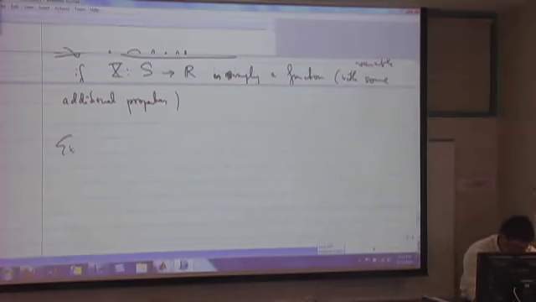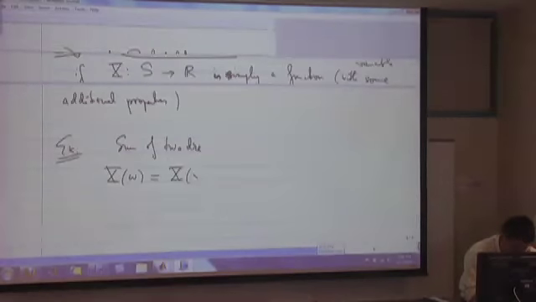Okay. So for example, here are a few examples. The sum of 2 dice is a random variable. So if I'm calling the 2 dice the red and the blue, whatever, the red and the blue each go between 1 and 6.